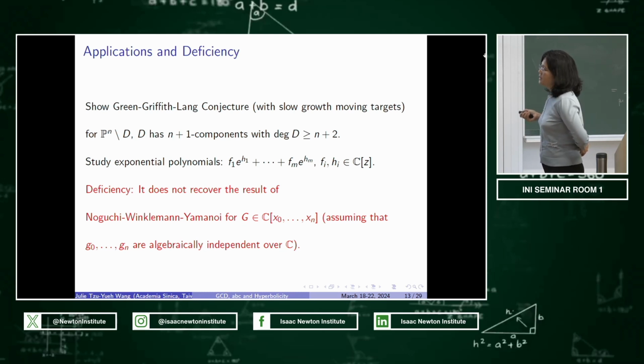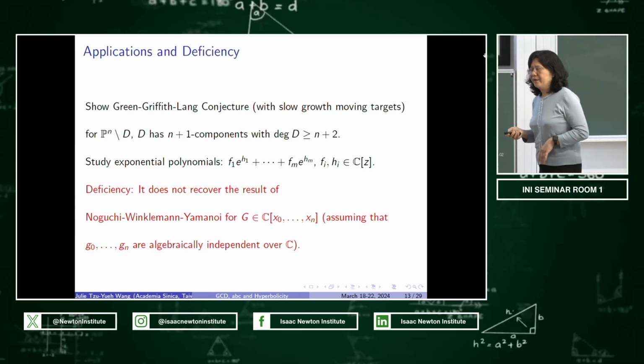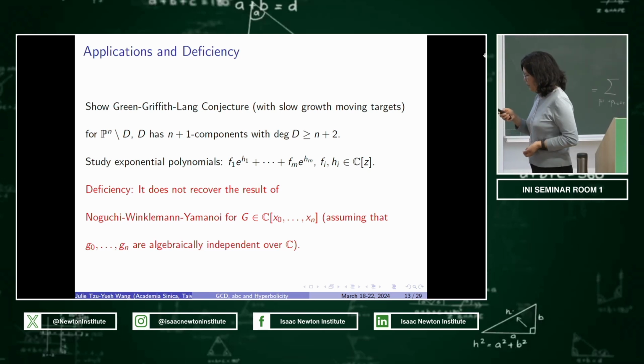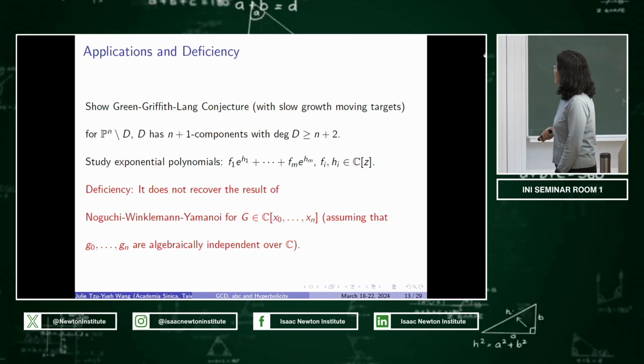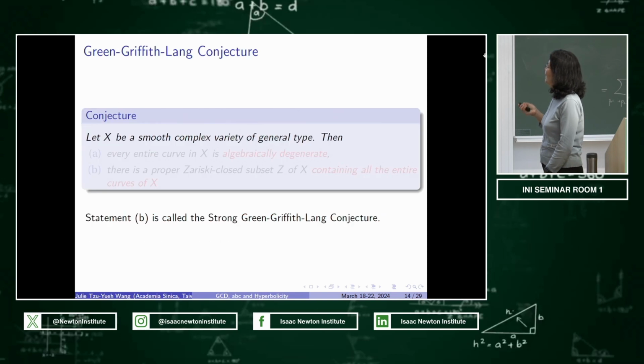Because over C, of course, you want the exceptional set to be defined over C. But our result has something over a small field. So this is the thing that doesn't work out very well in our prior project. Okay, so it just means we have to work harder, right?